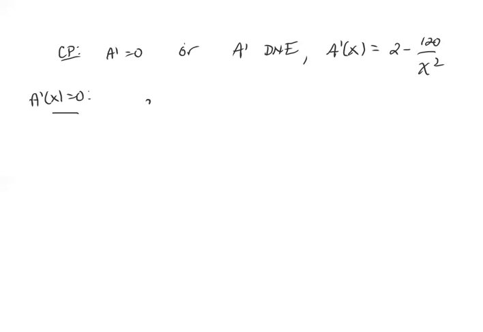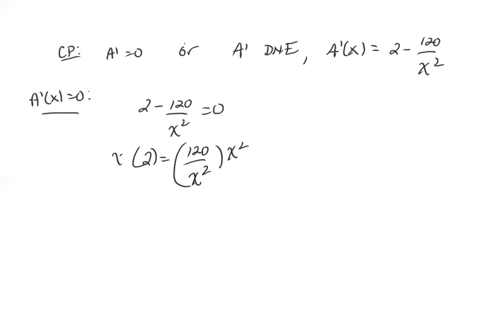That is where 2 minus 120 over x squared is equal to 0. Add 120 over x squared to both sides, and I get 2 is equal to 120 over x squared. I'll multiply both sides by x squared. I get 2x squared is equal to 120. Divide both sides by 2. I get that x squared is equal to 60.